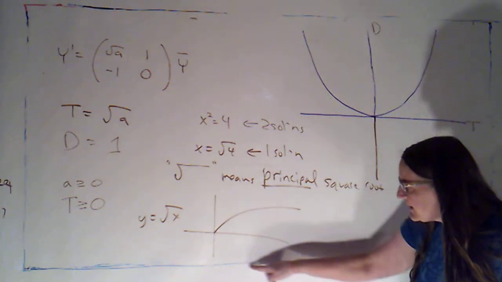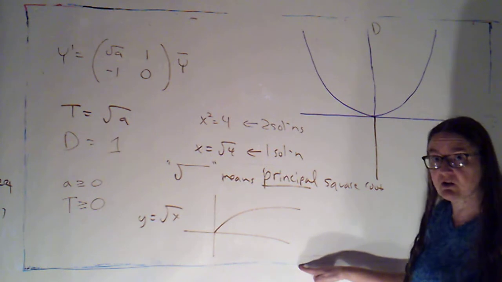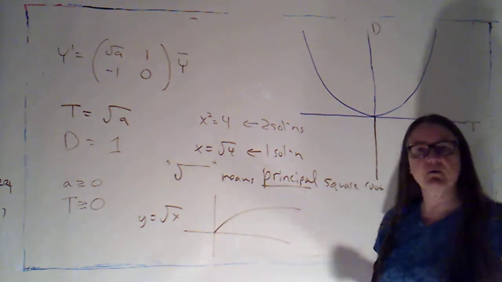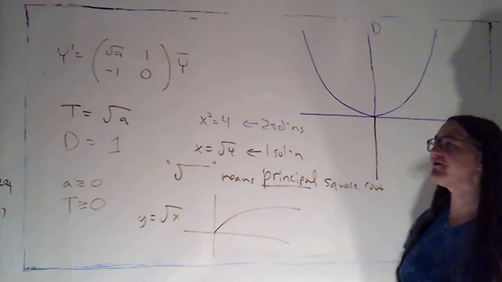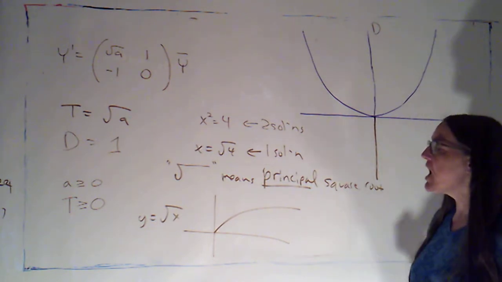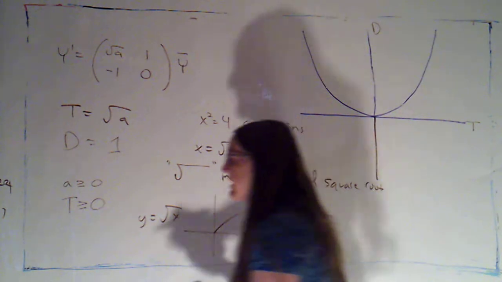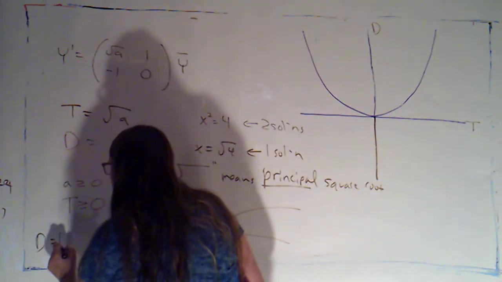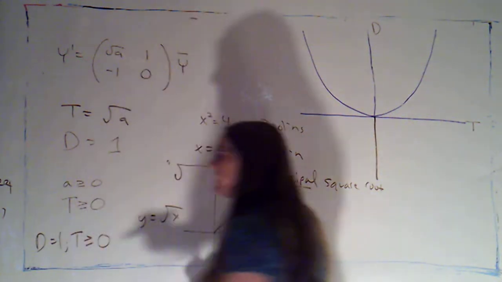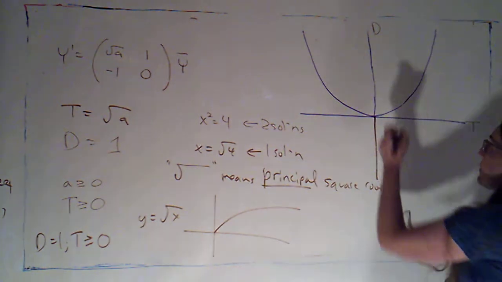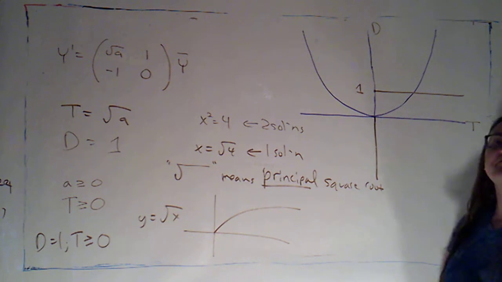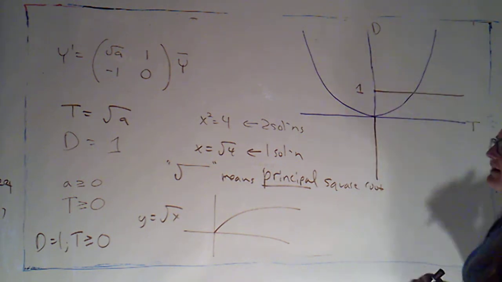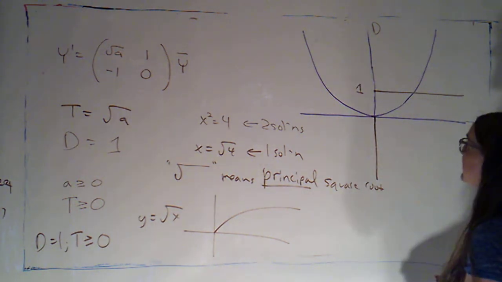You wouldn't draw in a second negative branch to say, oh, but there are 2 answers, because you know the square root is a function. And if it's a function, each input has to have a unique output. Okay. So what I have is d equals 1, but t has to be bigger than or equal to 0. So I'm not getting a full line, I'm getting a half line, just the right half of the line d equals 1.